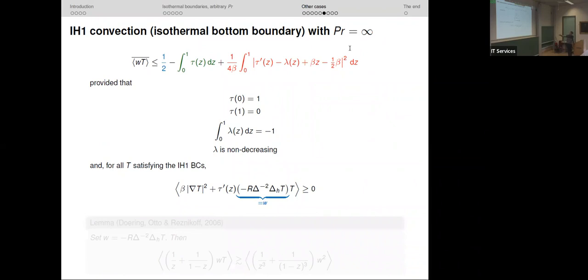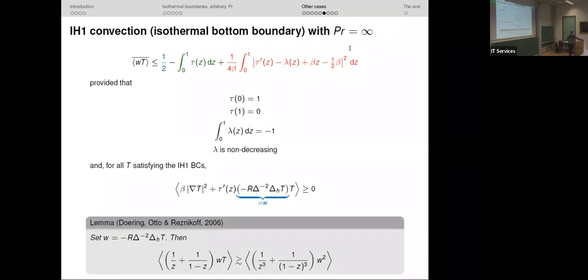But this time, what changes is the quadratic form that needs to be non-negative. And here, I've just written W explicitly in terms of T. We have a slightly simpler expression that we need to dominate. But again, we have this term, which a priori is not sign definite, so it needs to be dominated.